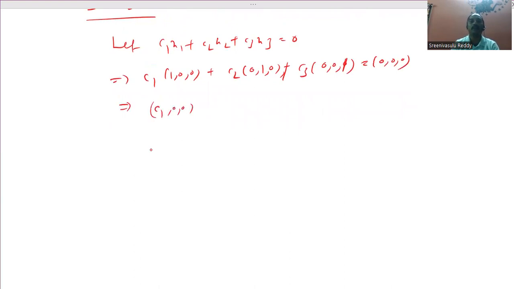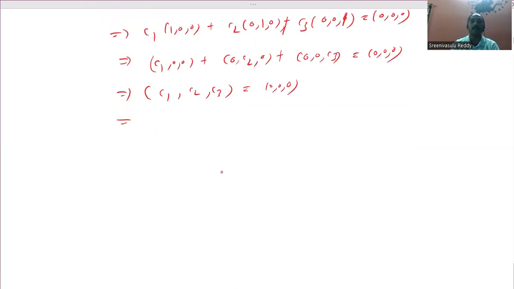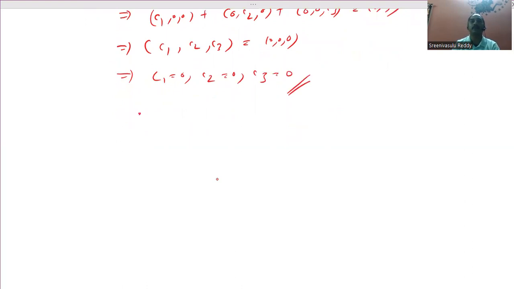Entering the scalars inside the vectors, these vectors are converted like this. Now by vector addition, the left hand side becomes like this. As per ordered triples, they are equal if and only if corresponding components are equal. Now all 3 scalars are 0. Therefore, S is linearly independent.